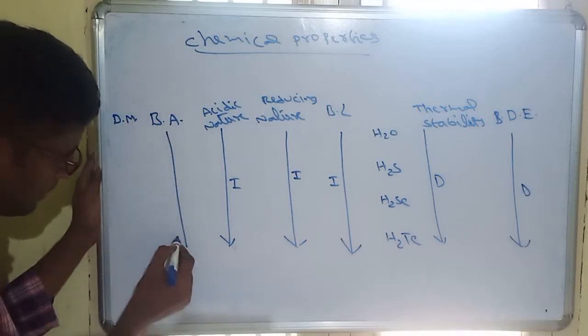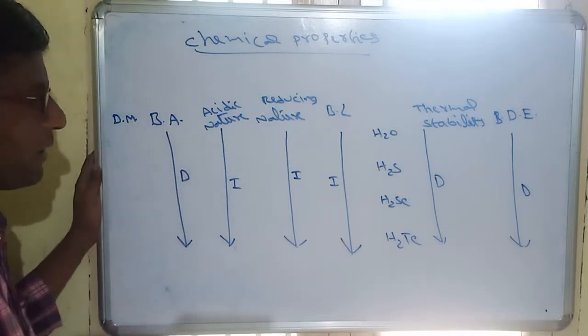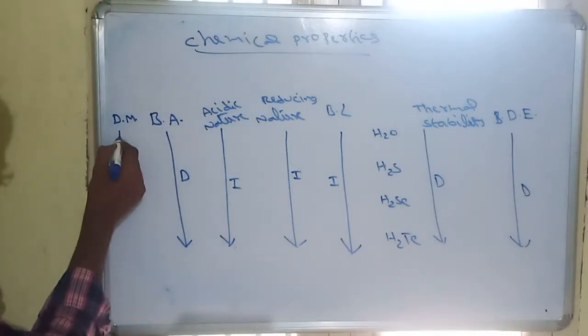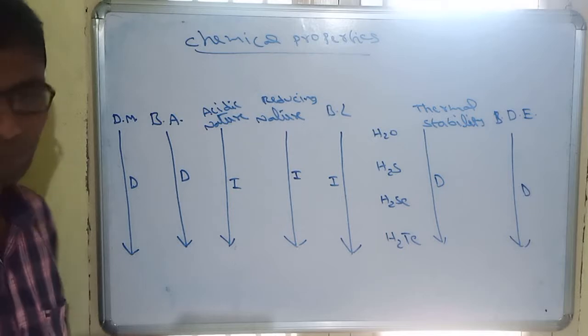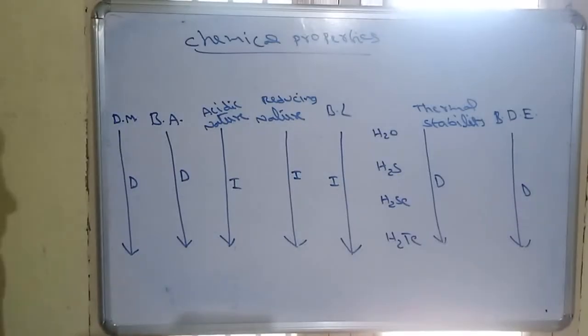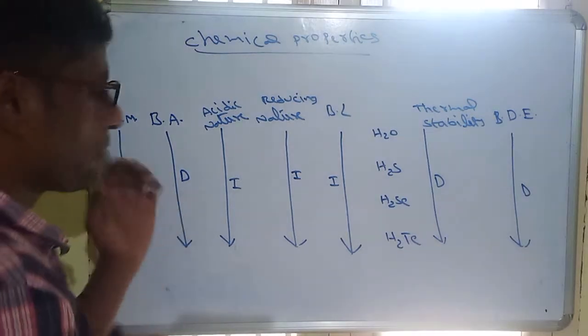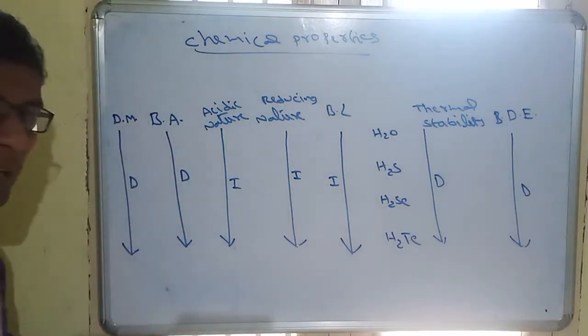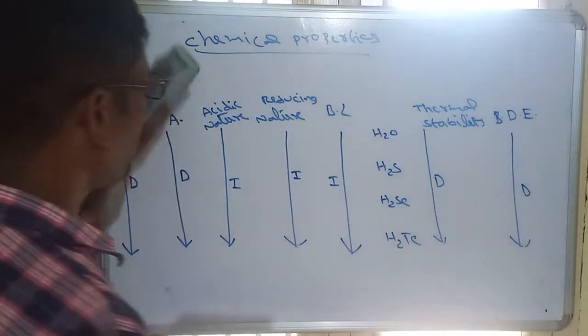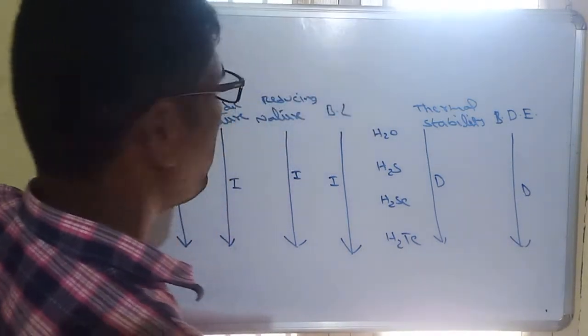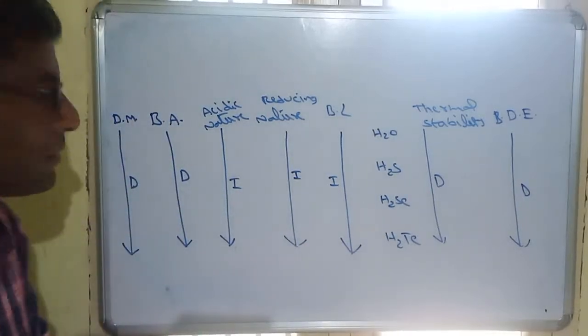So bond angle decreases top to bottom, and dipole moment decreases top to bottom. How are these two decreasing? We know that bond angle can be determined by a number of parameters.